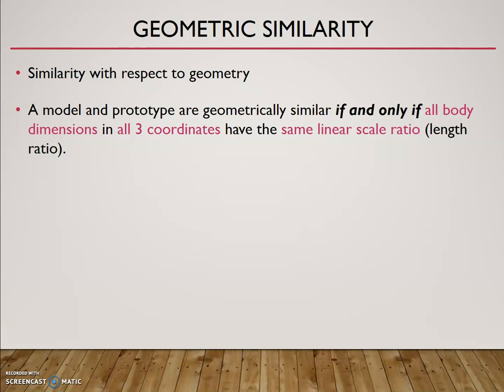This ratio is called the length ratio. It can be mathematically represented as Lm over Lp, where Lm is the length of the model and Lp is the length of the prototype. So the ratio between model dimensions and prototype dimensions is equal to the length ratio.